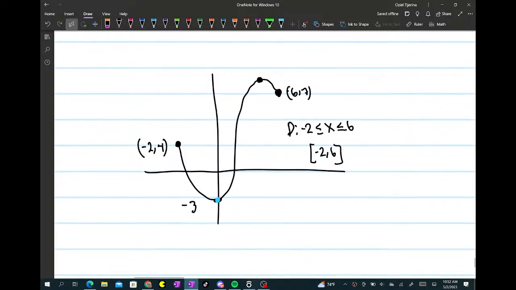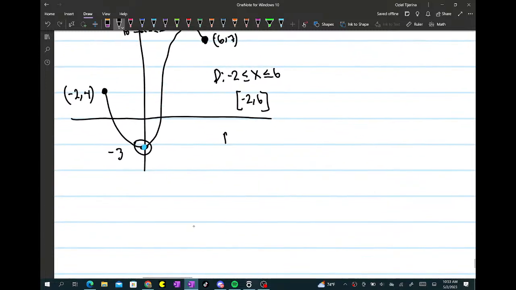So let's say this, for example, is 5, 10. You're going to look from the lowest y value to the highest y value. Right here is y equals 10.